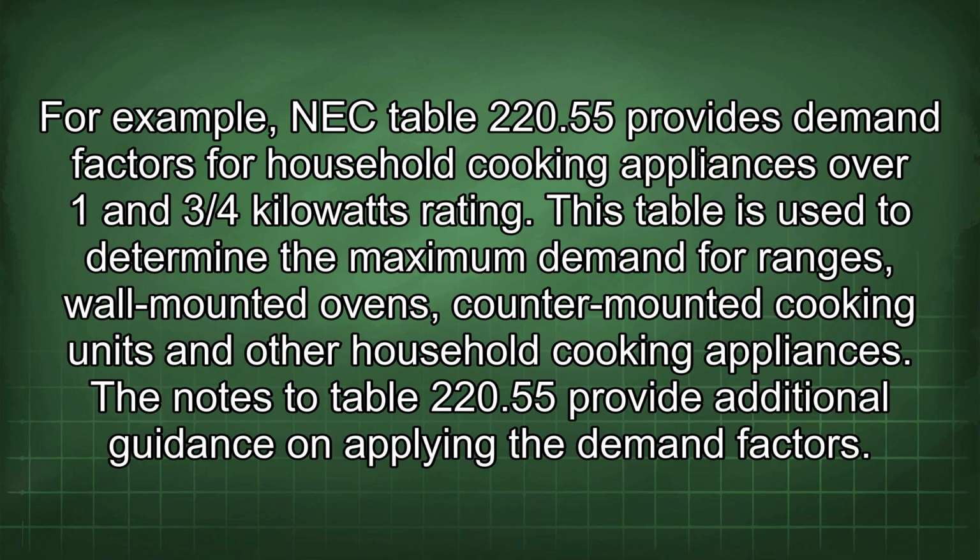For example, NEC Table 220.55 provides demand factors for household cooking appliances over 1 and 3/4 kilowatts rating. This table is used to determine the maximum demand for ranges, wall-mounted ovens, counter-mounted cooking units, and other household cooking appliances. The notes to Table 220.55 provide additional guidance on applying the demand factors.